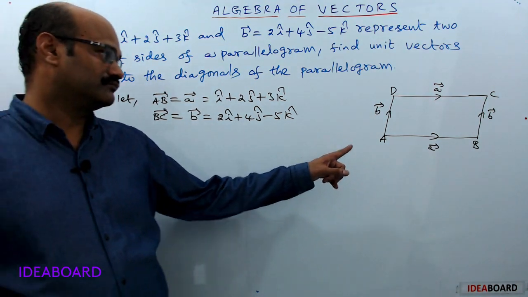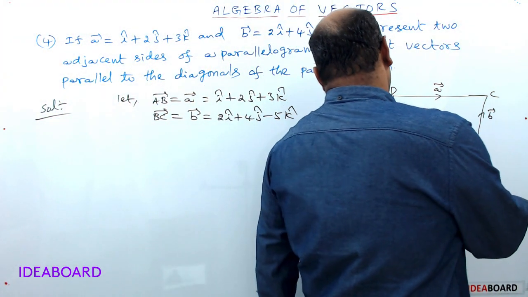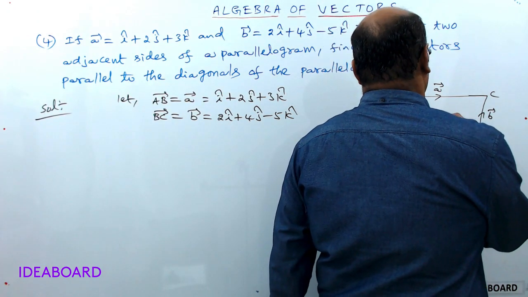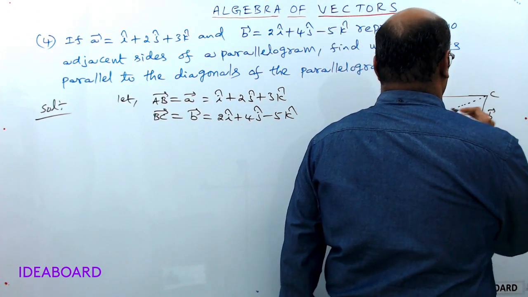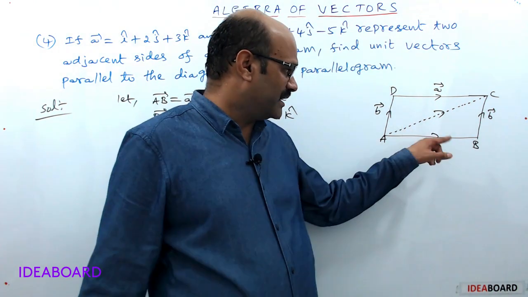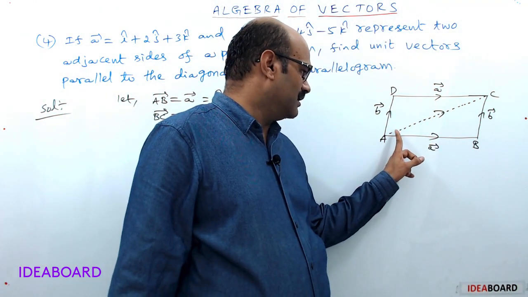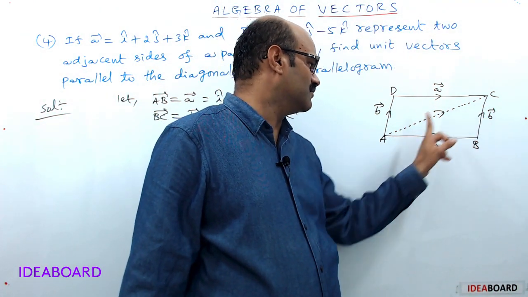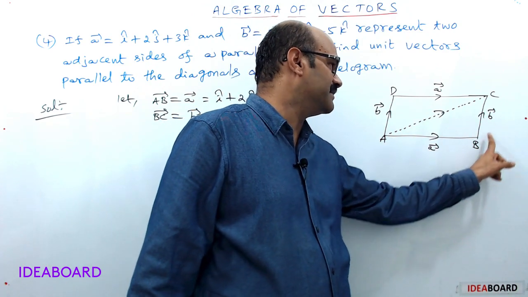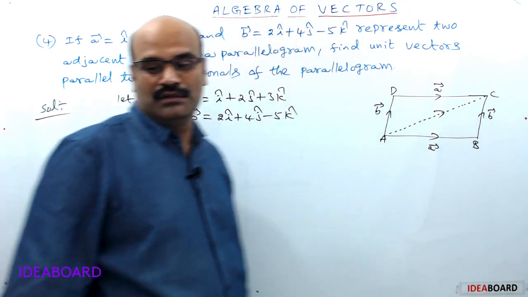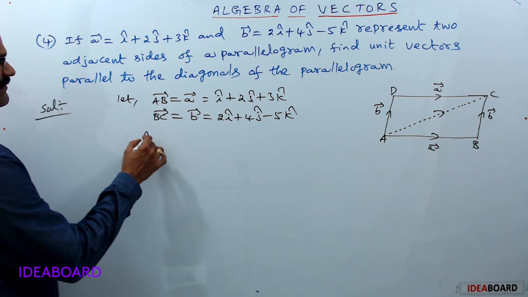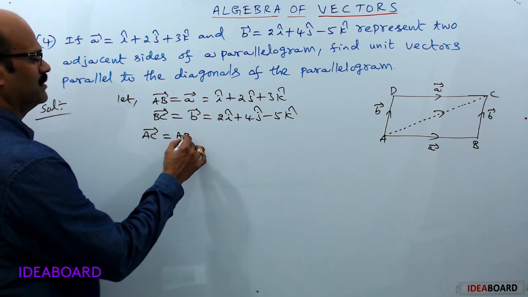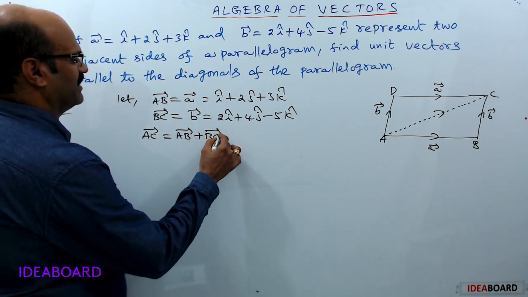Now one diagonal is AC here. From the diagram, by triangle law, we have AC vector is always equal to AB vector plus BC vector. So here AC vector is always equal to AB vector plus BC vector.